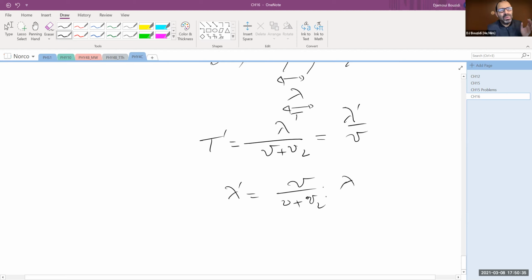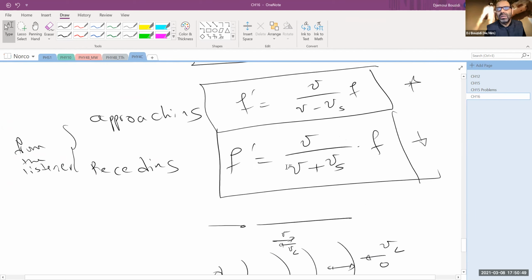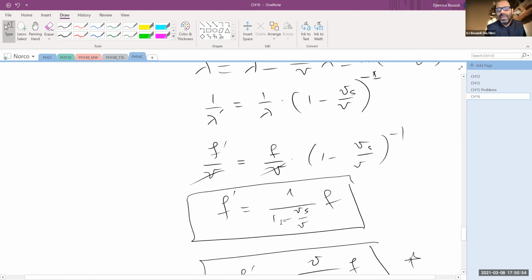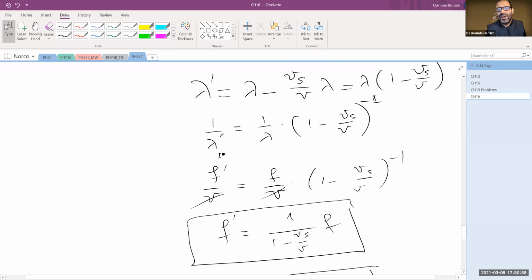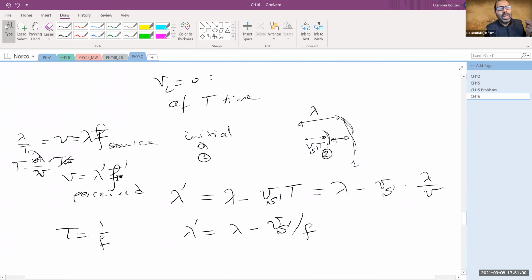That's the wavelength. If I express the same expression, if I invert everything correctly, 1 over lambda prime is going to be v plus vL over v times 1 over lambda. And again, I do the same trick as I did earlier when I did the inversion, and replace the 1 over lambda prime by f prime over v, because the dispersion law is still true for either case, for the perceived or the real, okay?